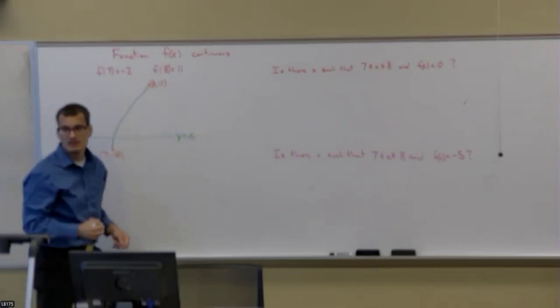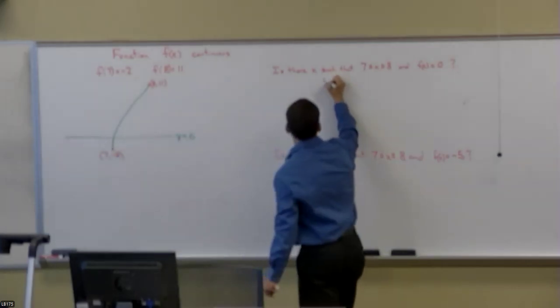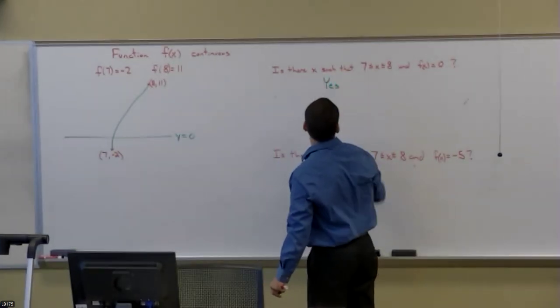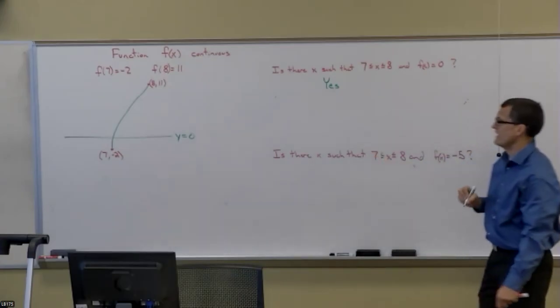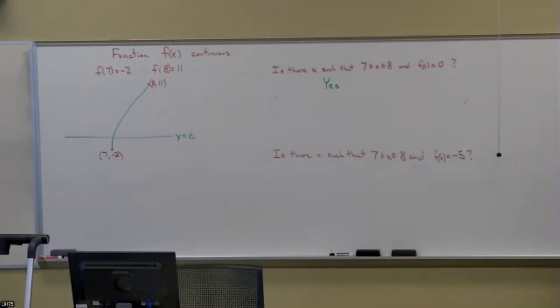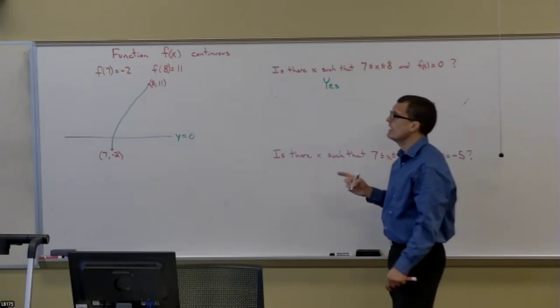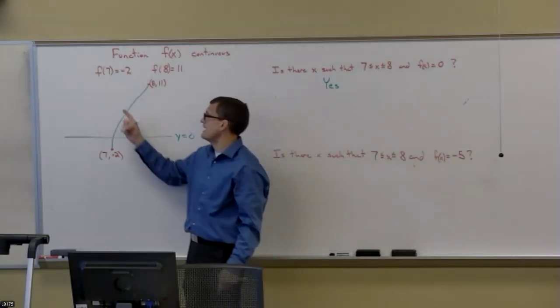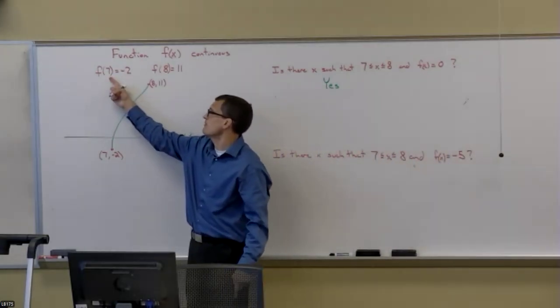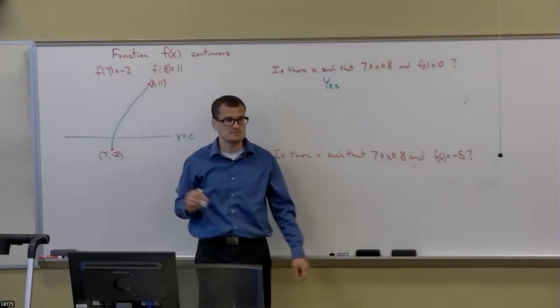So the answer to this first one is yes. We are forced to have an x value somewhere between 7 and 8 that crosses y equals 0, that has an output of 0. So if this were a function, I would know that there is an x-intercept somewhere between 7 and 8.